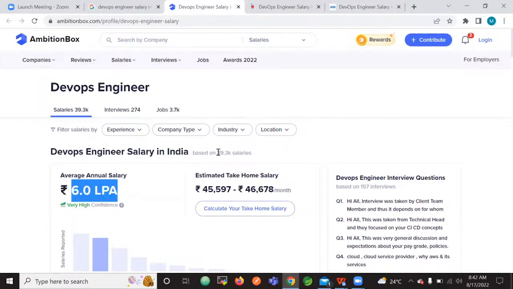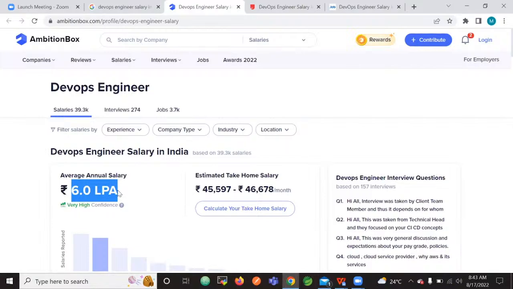Based on 39.3K salaries, around 40,000 members' salaries, they were aggregated and analyzed, and they came to this graph that the minimum CTC for a fresher is starting now at 6 lakhs per annum. That's a minimum. If I start a company, I have to give this money. Usually this is the market standard now.